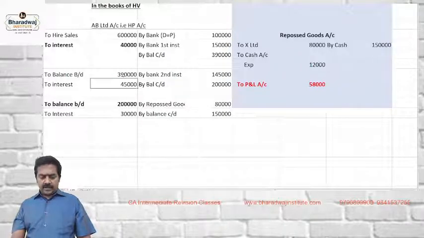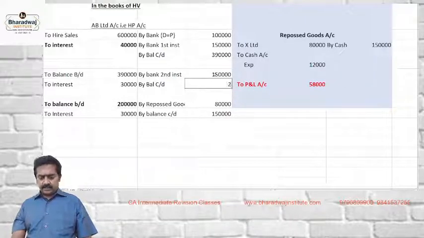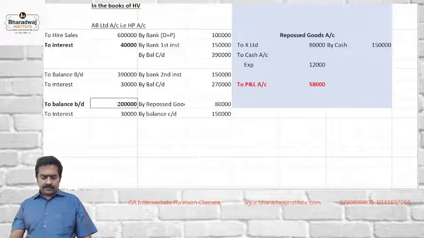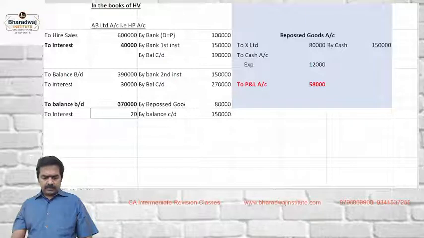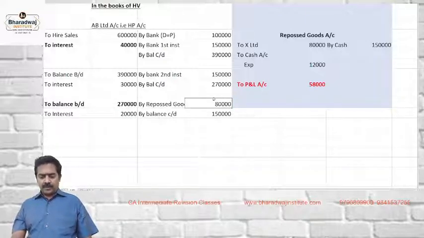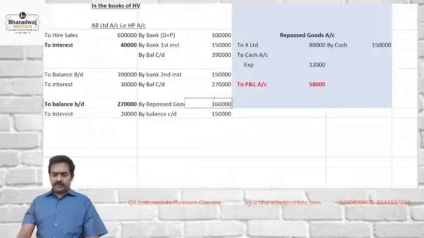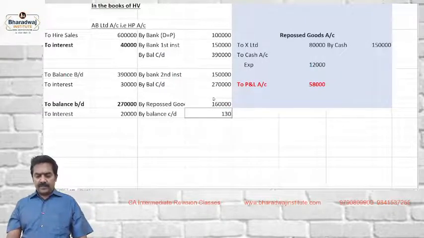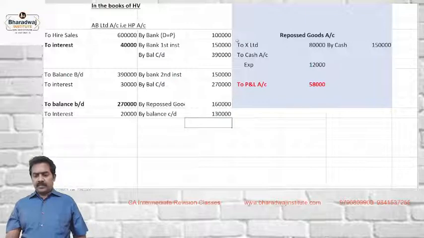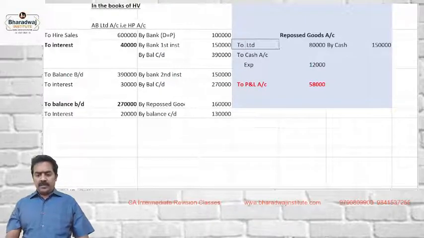Interest of the second year? Second installment 1,50,000. Closing balance 2 lakhs. 2,80,000 repossessed goods. Balance carried down is 1 lakh to ABC Limited.